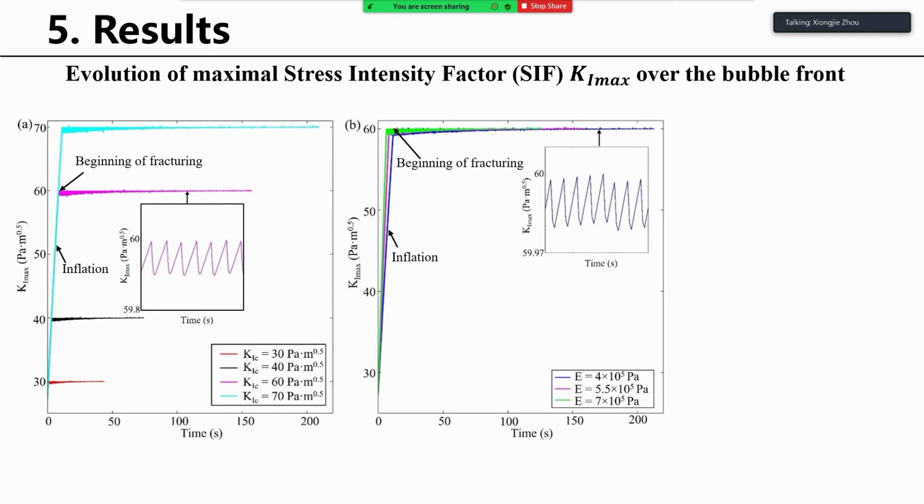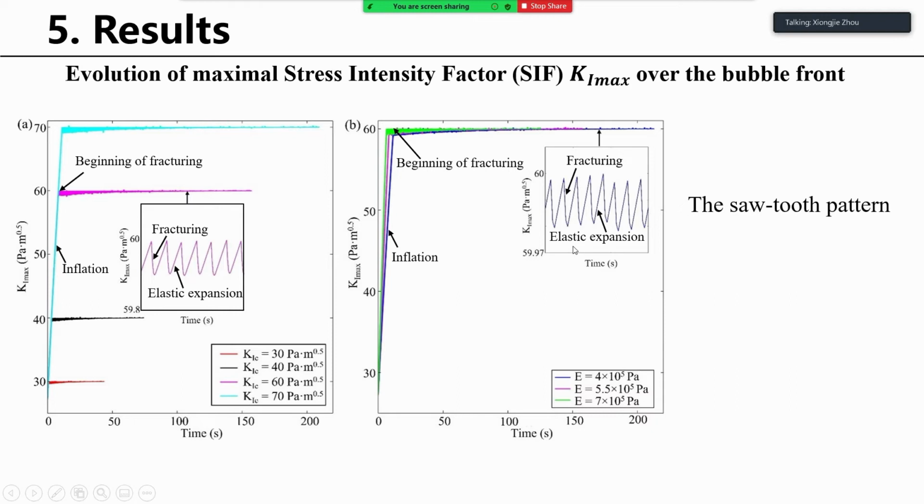What I try to do is simulate the evolution of the maximal stress intensity factor K1 max over the bubble front. The left chart is for the variability in K1C, and the right chart is for the variability in E. You can see these two sawtooth patterns in the sediment with different K1C and E in both cases.